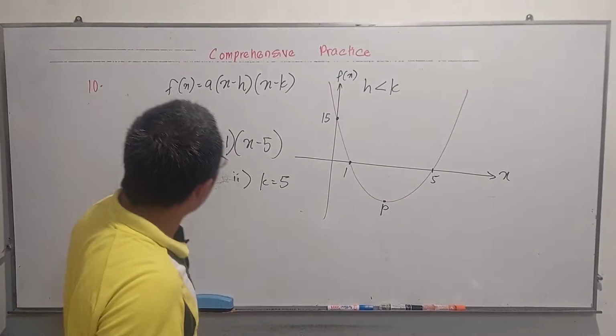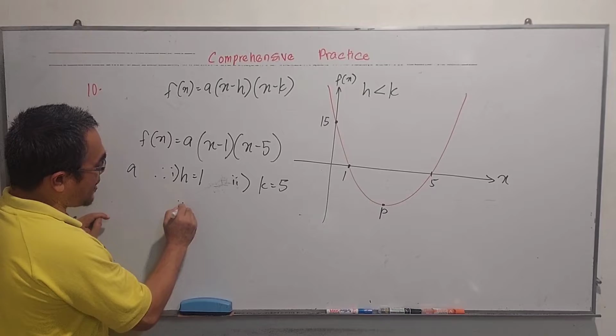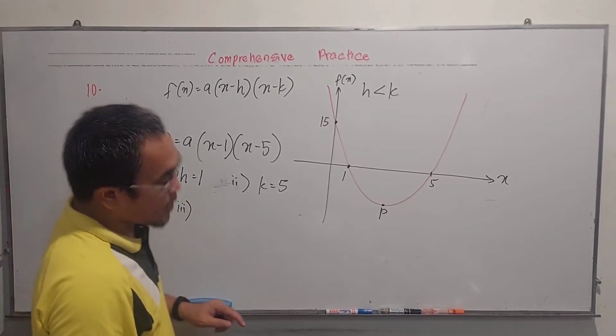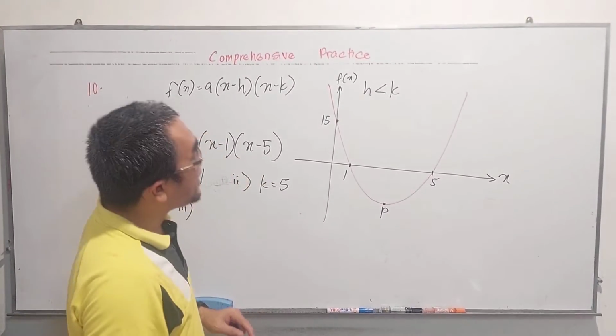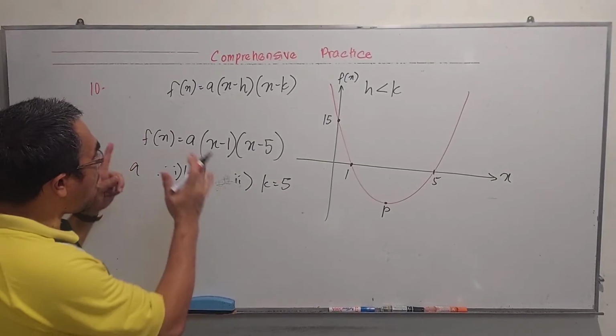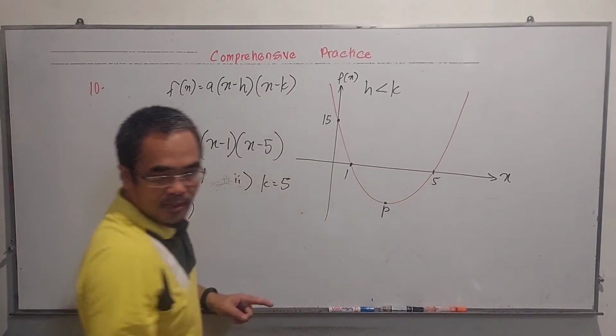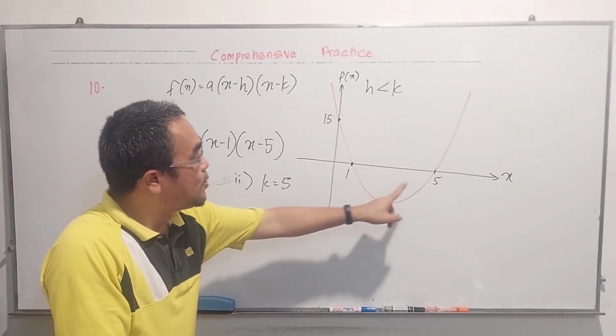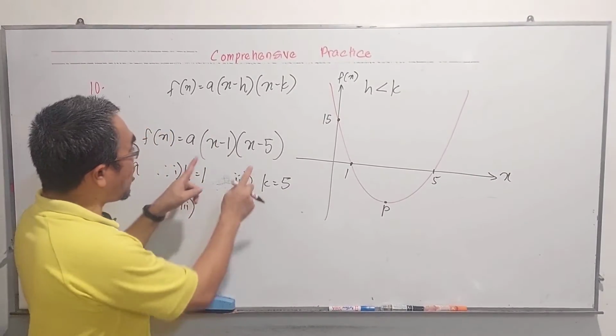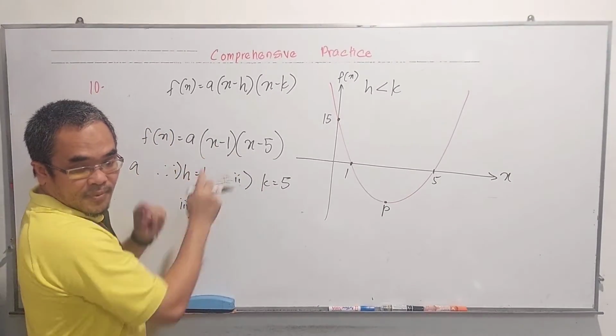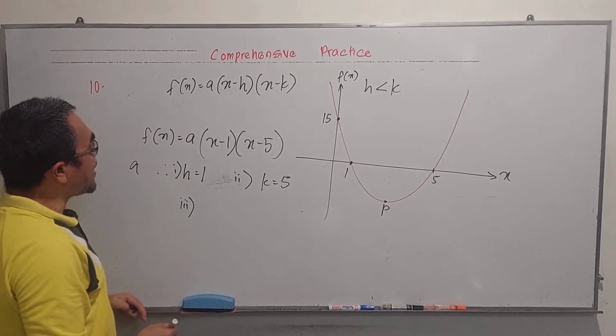But in order to find the third one, the value of a, you have to substitute a coordinate that is on the curve but not one of the roots, because we already have the roots here.